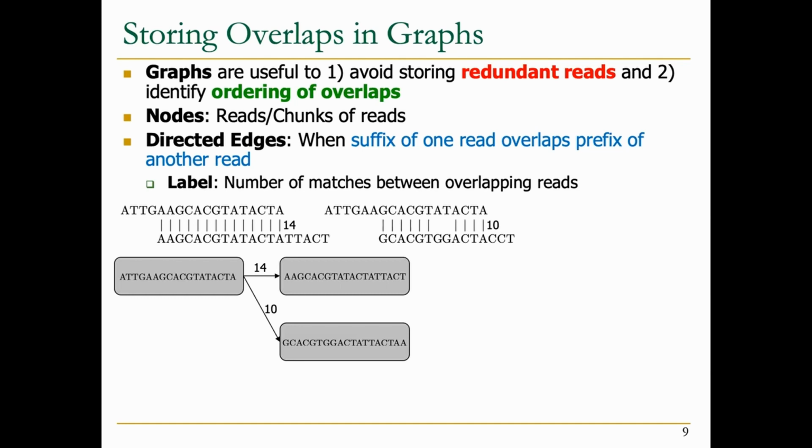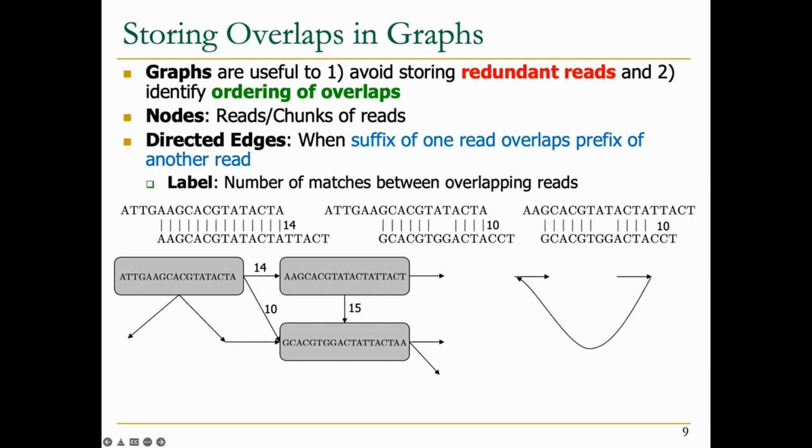But when we create an edge, we know that, for example, here these two reads overlap with each other, such that in this case there are 10 characters exactly matching between this read and this read, right? So we basically do this for all pairs of reads.